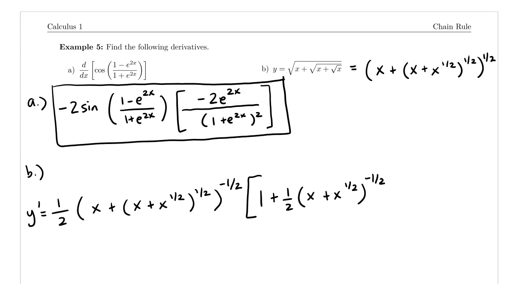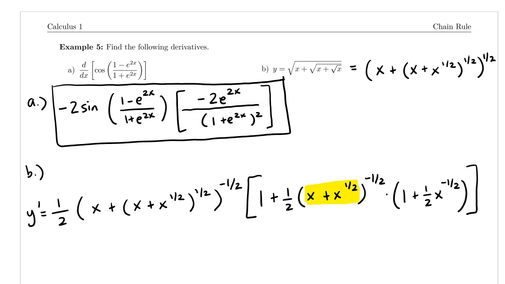All right, I moved that over because I was running out of space. Where are we now? Well, I need to use the chain rule again, and at this point in time, I need to multiply by the derivative of this function here. So if we do that, then we are multiplying by the derivative of x, which is 1, and then the last thing is I need to use the power rule on this last term here, and then I will close that parentheses and then close my brackets that I had there.